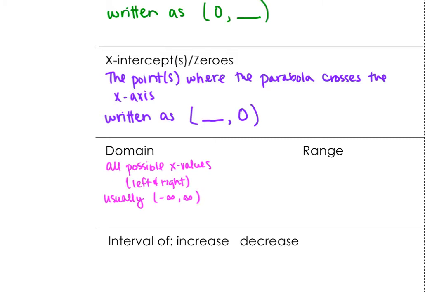So we write this is called interval notation. We write the lower bound and then the upper bound. So meaning it continues on forever left and it continues on forever right. So it's usually that just for quadratics. You can also say this as all real numbers.